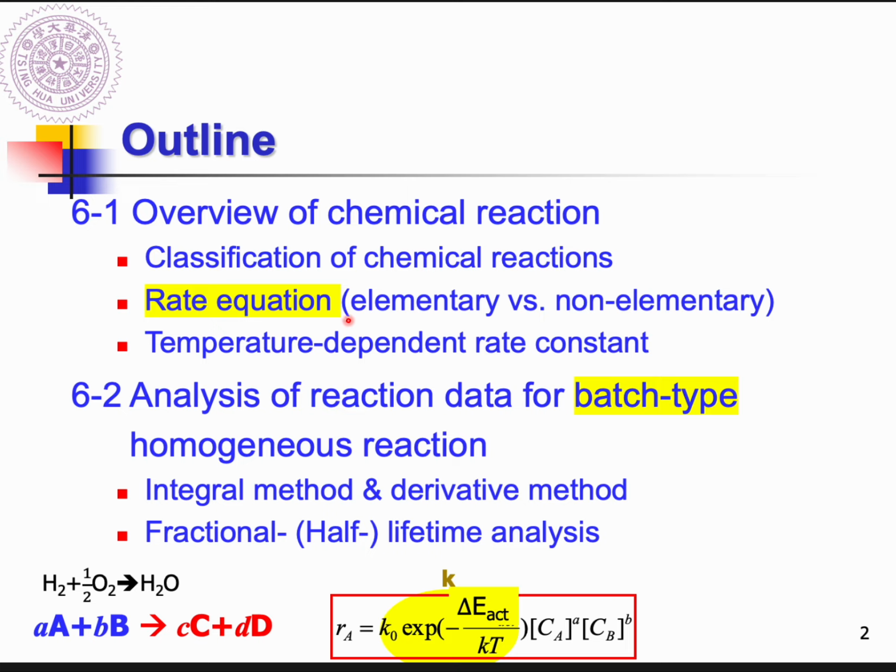This rate equation depends on the concentration of the reactants, which we call the concentration dependence, and also on the rate constant, inside which you can observe the temperature dependence and the energy barrier between the left-hand side and the right-hand side. So the rate equation is quite important.